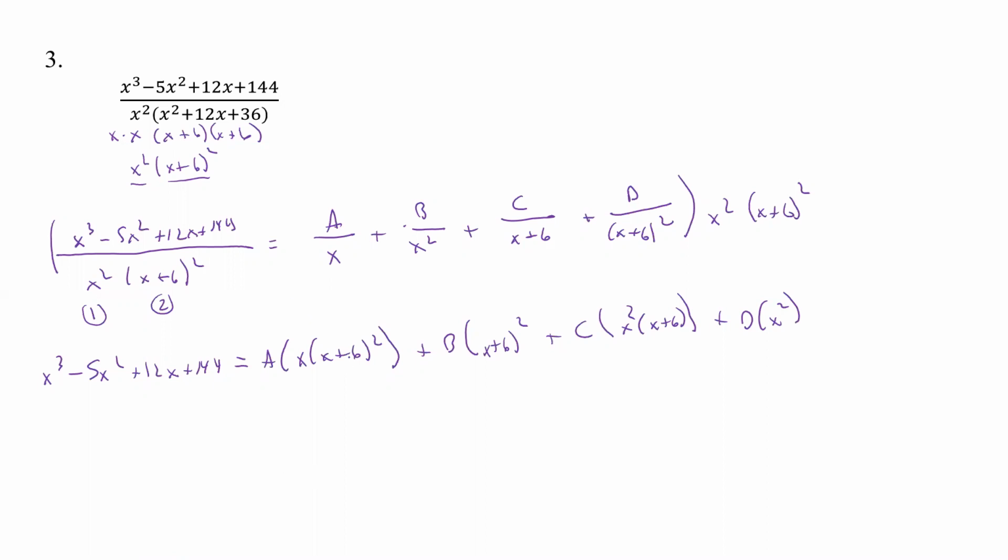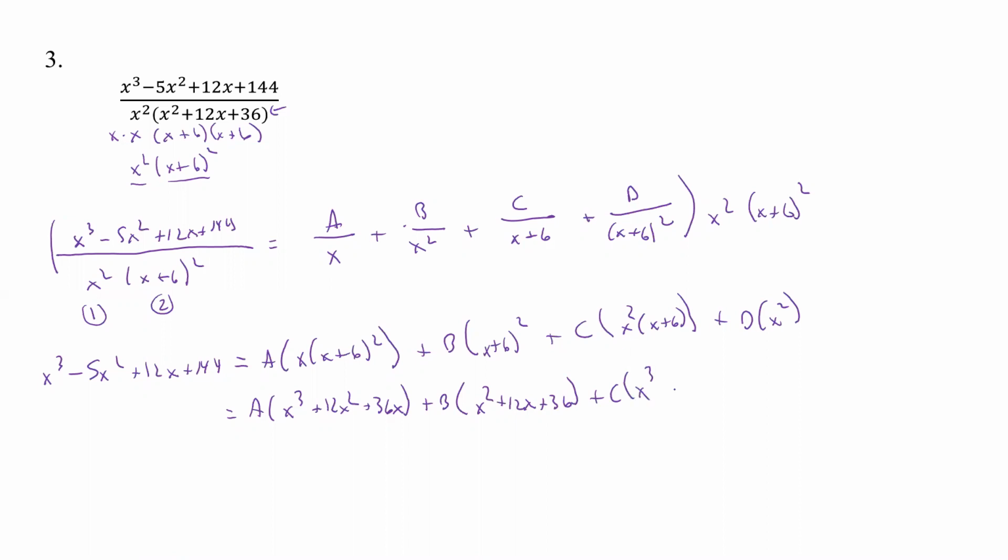All right, well, now we have to think about going back here. So the x plus 6 squared is what's inside of parentheses here. And so if we take that times x, this is going to be a times x cubed plus 12x squared plus 36x, plus b times, well, this is just what was in parentheses up there, x squared plus 12x plus 36, plus c times, well, now we can just distribute here.